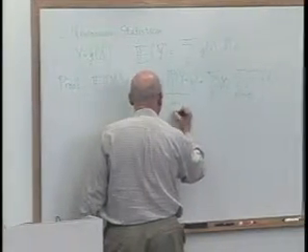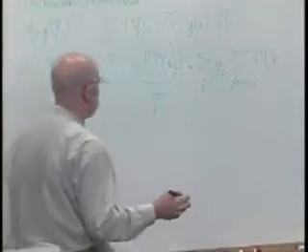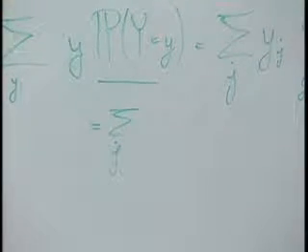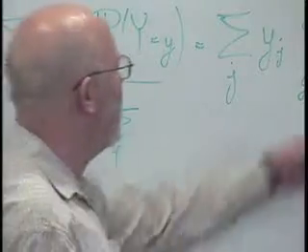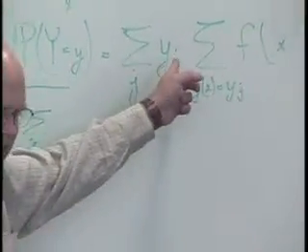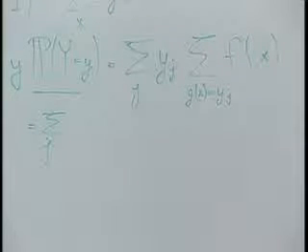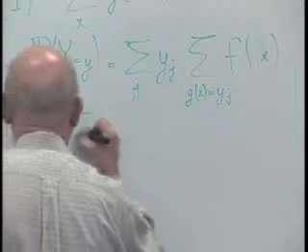Now let's figure out what this works out to. So I'm summing over this index j, and now for each value of x, the value of y that's achieved is g of x.